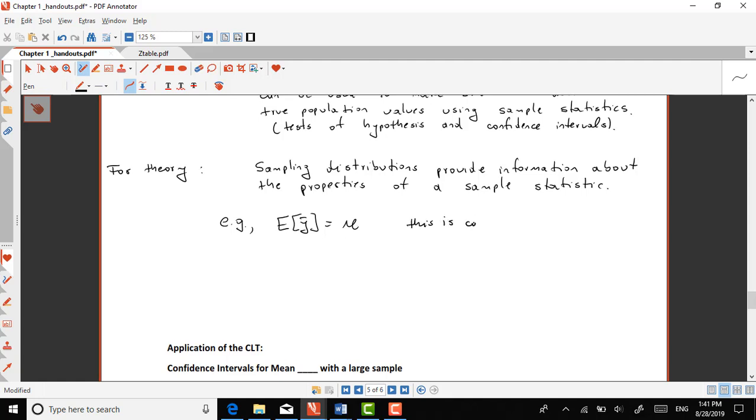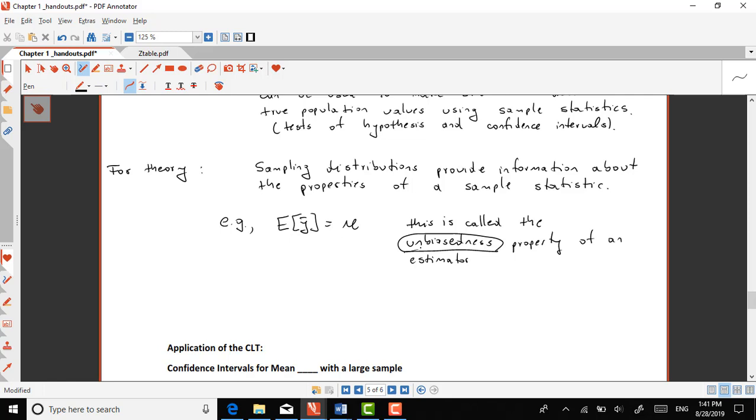This is called unbiasedness, which tells us that the estimator is unbiased. Okay, so let's talk a little bit more about it. I'm going to reword this.